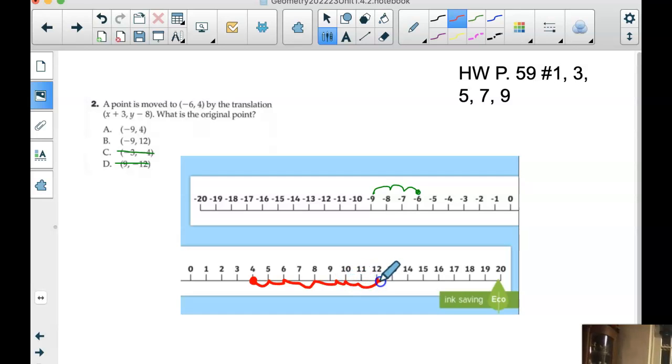So at -9 and 12 is where I started. Did everybody see what we did? Okay, so this is our final answer.